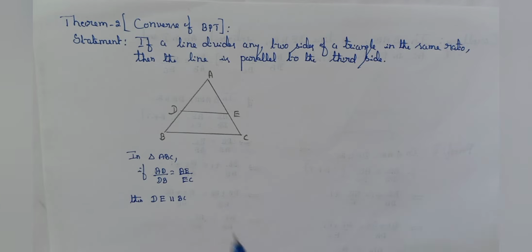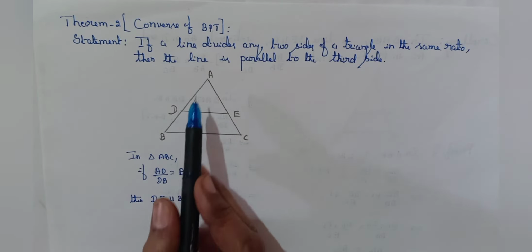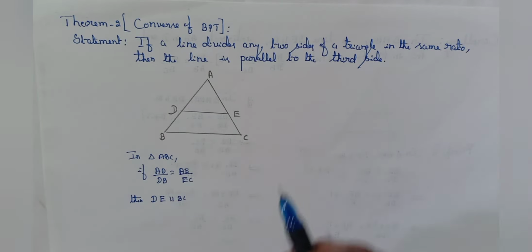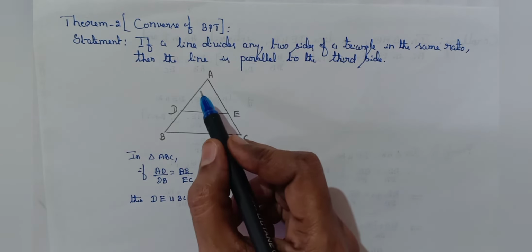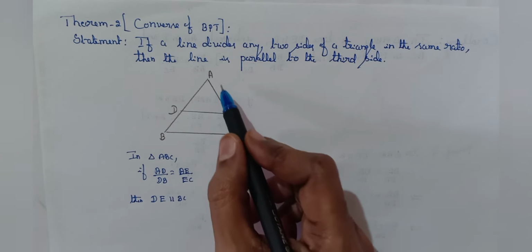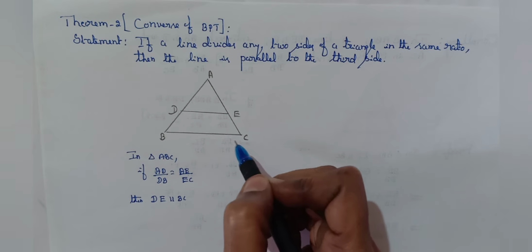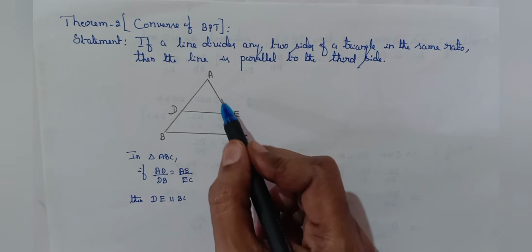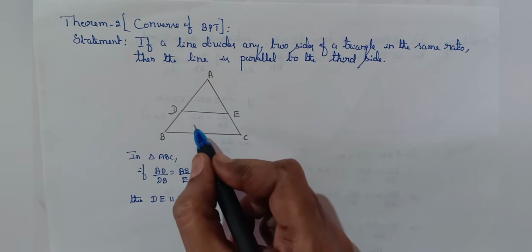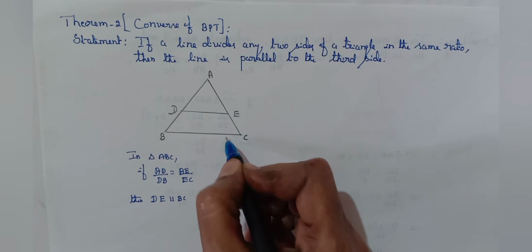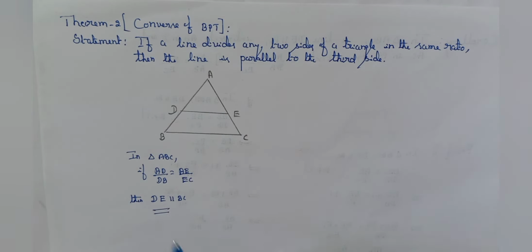Here the line DE divides AB and AC in the equal ratio. It means it divides such that AD by DB is equal to AE by EC. When AD by DB is equal to AE by EC, then DE is parallel to BC. This is the converse of BPT.